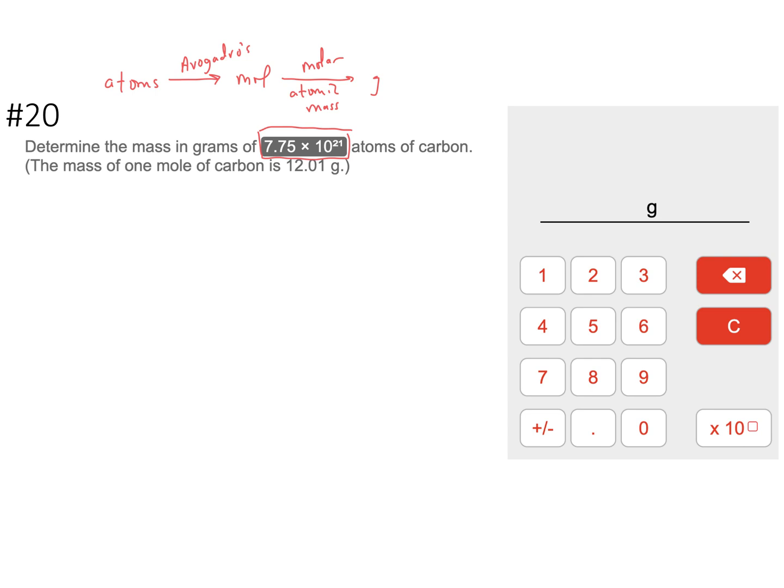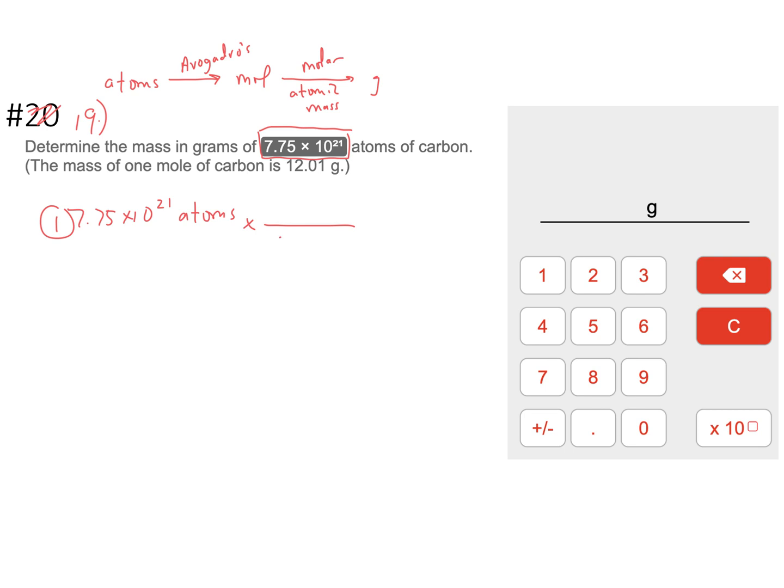Oh, and I think this is question 19, actually. Determine the mass in grams. 7.75 times 10 to the 21 atoms. We can convert that.